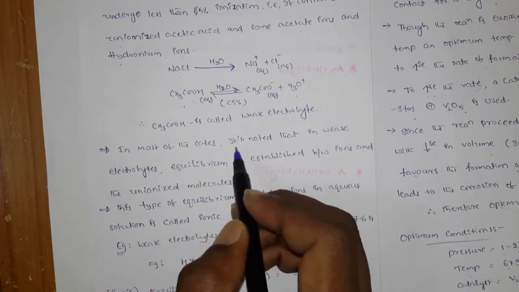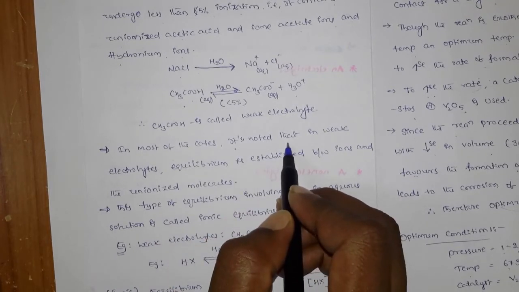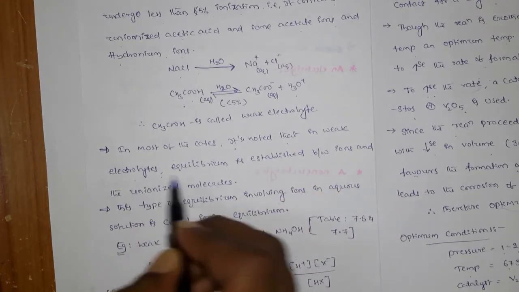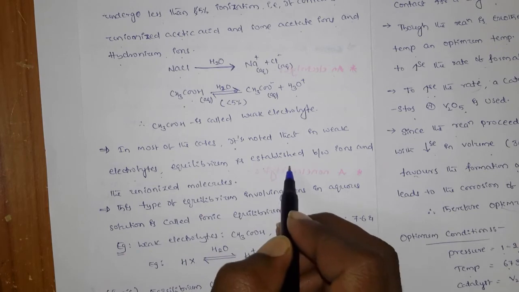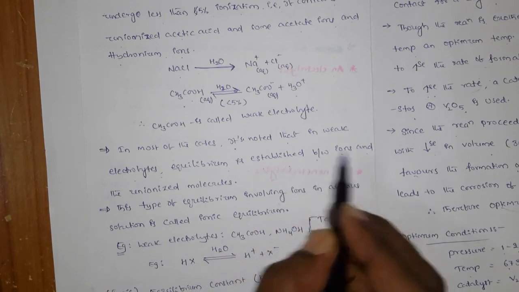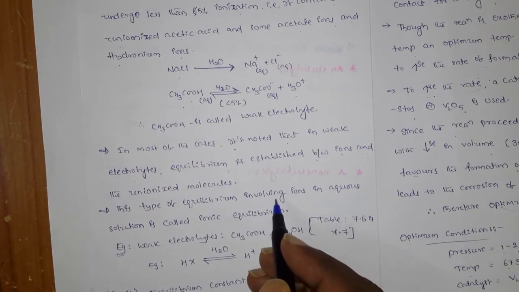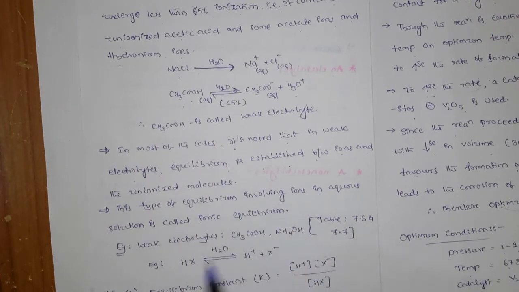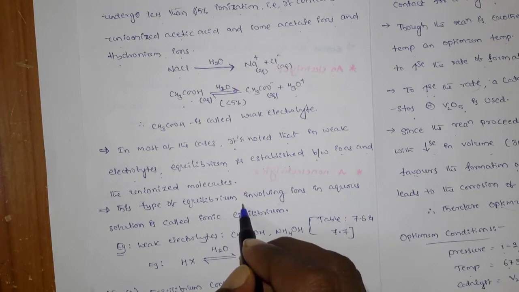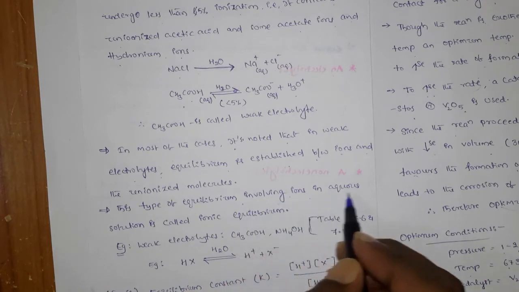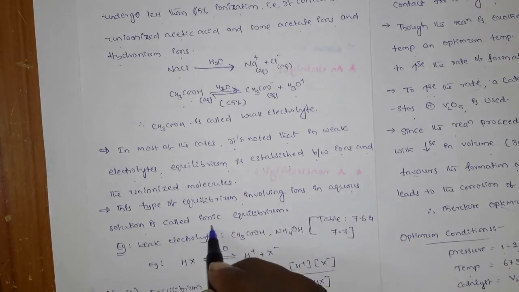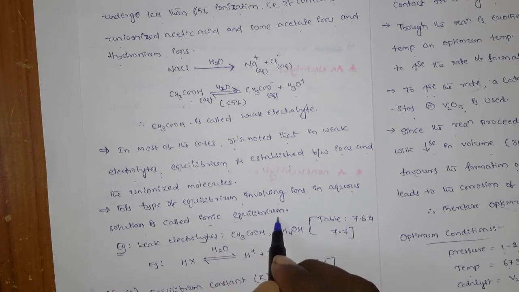So in most cases, it is noted that in weak electrolytes, equilibrium is established between ions and unionized molecules. This type of equilibrium involving ions in aqueous solution is called ionic equilibrium.